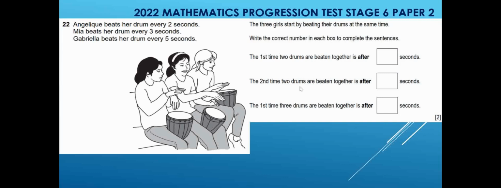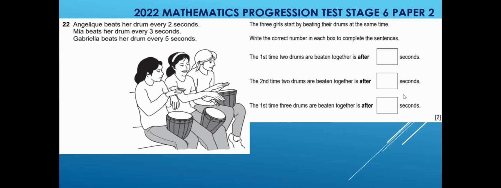The second time 2 drums are beaten together is after blank seconds. And the first time 3 drums are beaten together is after blank seconds. So 10 seconds from now. 10, 9, 8, 7, 6, 5, 4, 3, 2, 1.